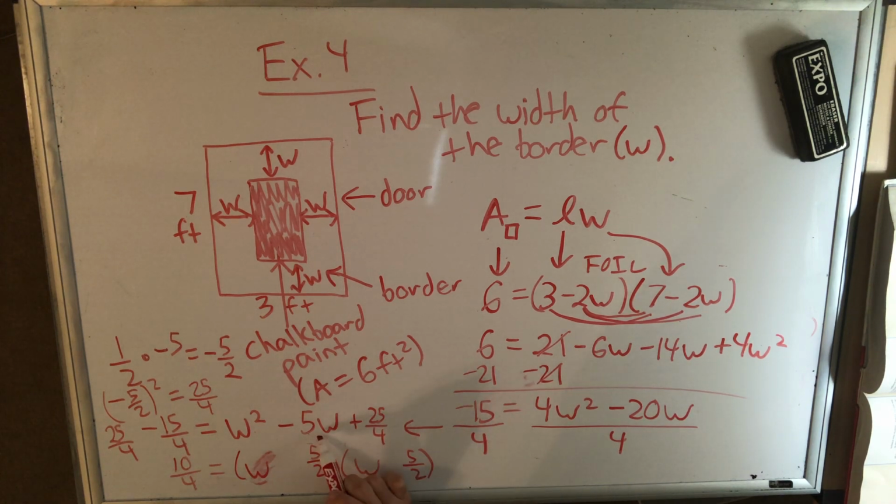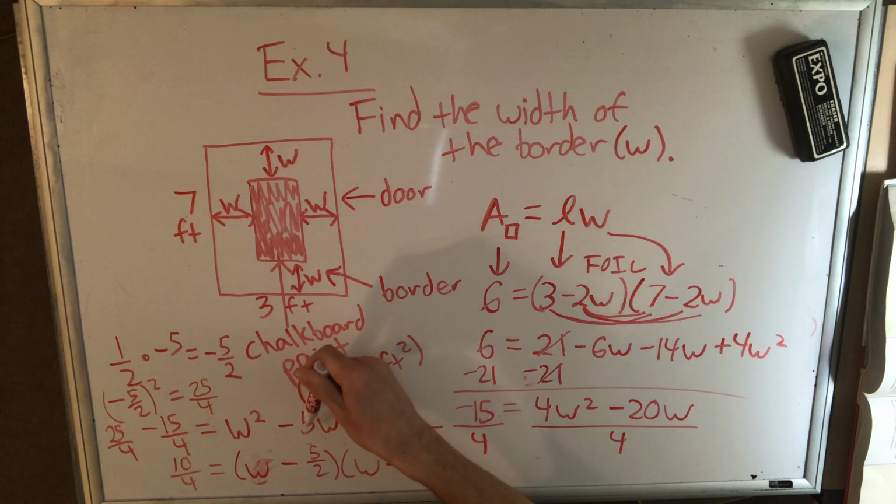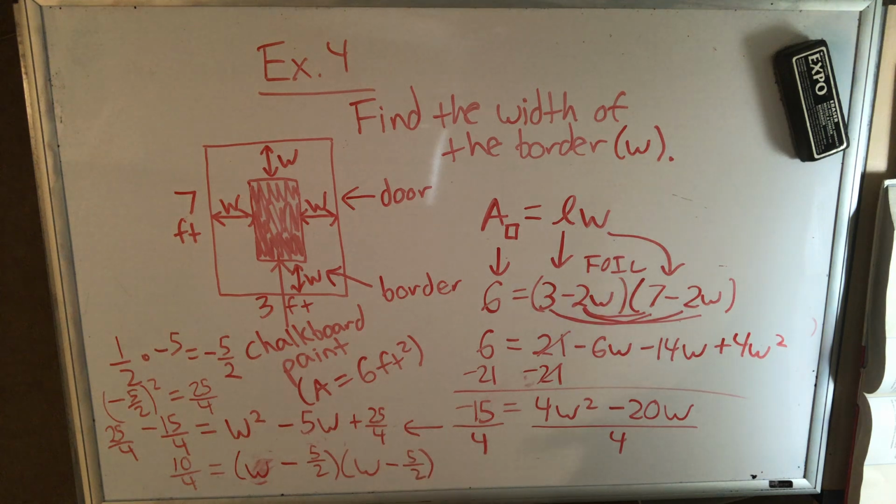But because the variable term is negative, let's put negative 5 over 2 at the end of each of the parentheses. You could also think of it as just putting half of the coefficient of the variable term, negative 5 over 2, at the end of each of the parentheses. So w minus 5 over 2 times w minus 5 over 2 is w minus 5 over 2 to the second power.